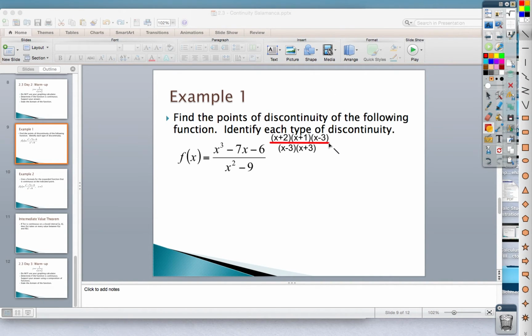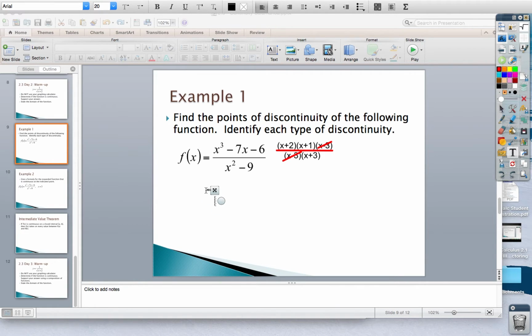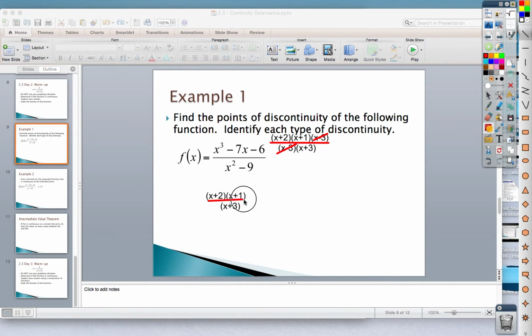So here's the key point to notice. We have an x minus 3 on the numerator, and we have an x minus 3 on the denominator, so we can cancel those out. We would be left with x plus 2, x plus 1, all divided by x plus 3. Now we know a couple things.